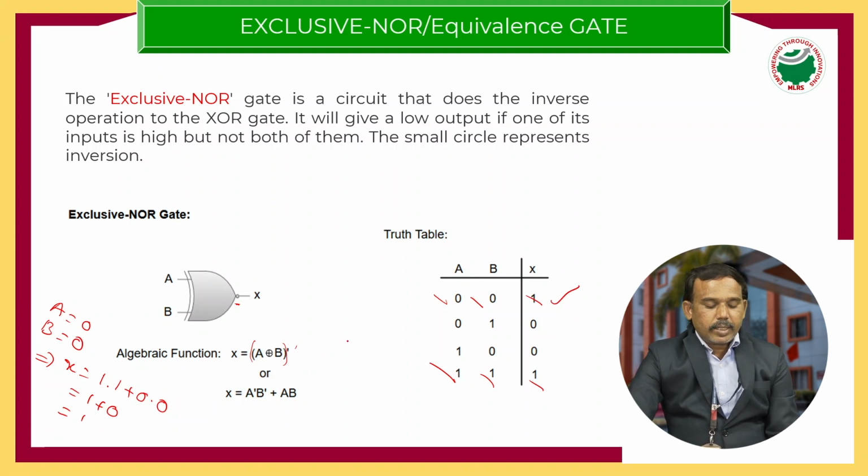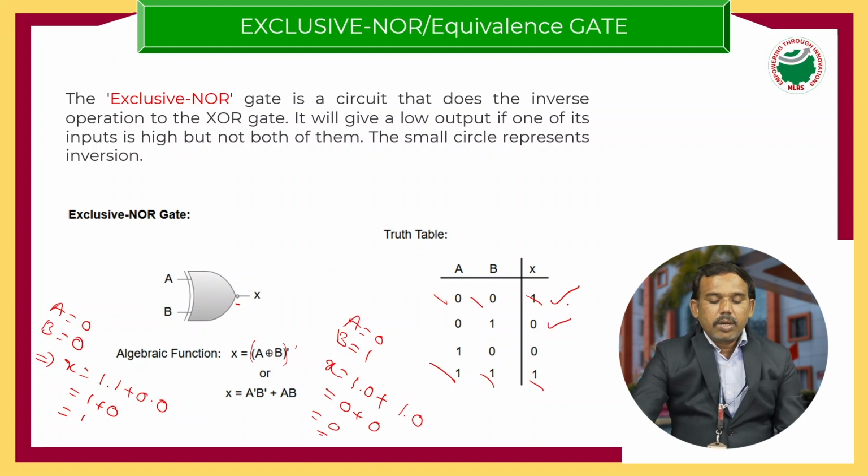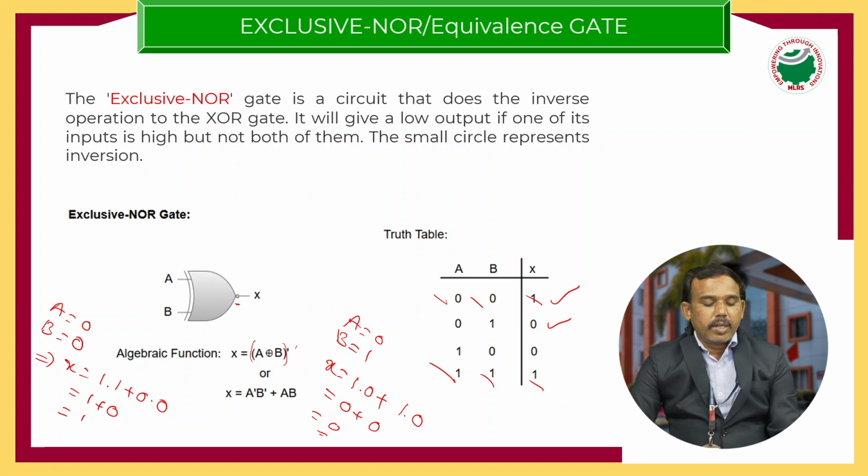Now take the second case, A equal to 0, B equal to 1, then x equal to A complement 1 into B complement 0 plus 0 into 1, so 0 plus 0 is 0. So this is the exclusive NOR, another name is the equivalent gate. The exclusive NOR gate is treated as an equivalence gate.